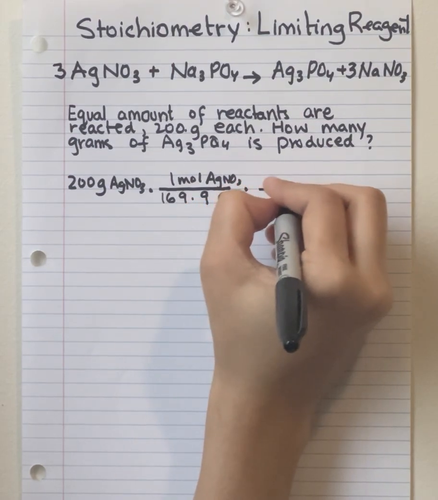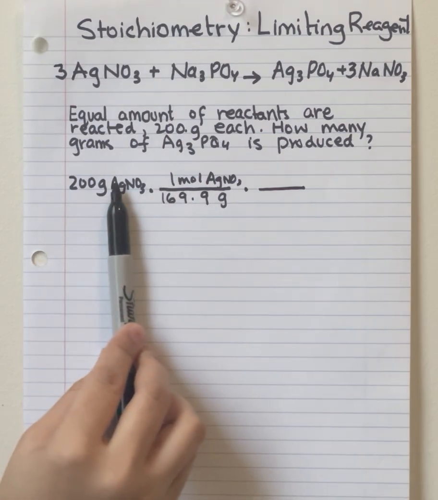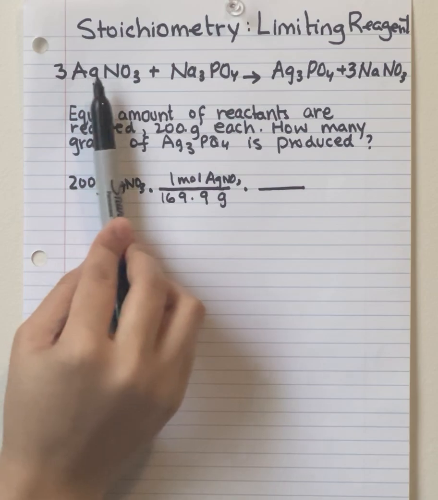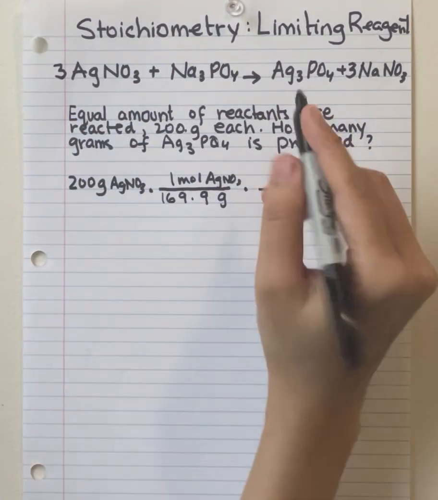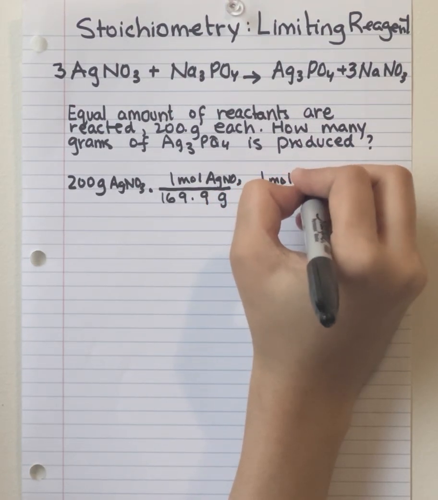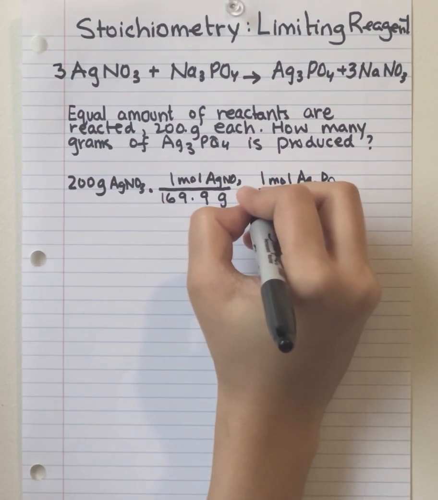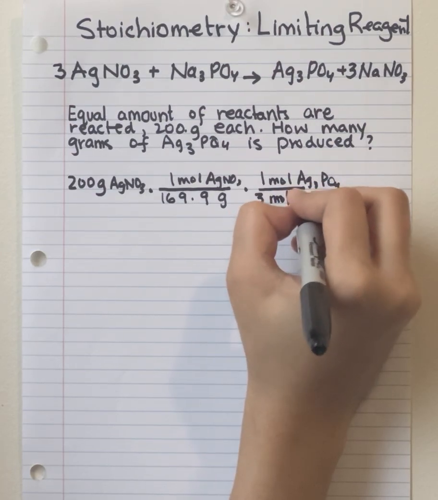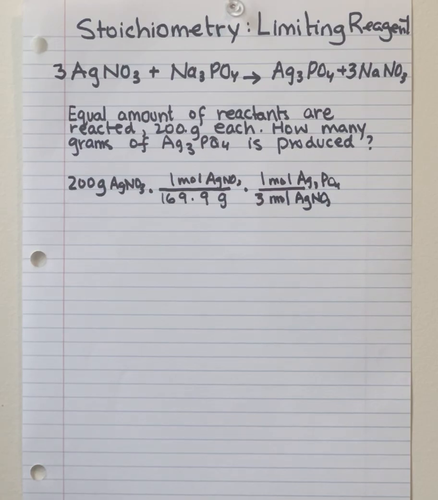And now we're going to make our ratios. We will have to convert our silver nitrate to silver phosphate. For every 3 moles of silver nitrate, we're going to produce 1 mole of silver phosphate. So that's what we're going to write here. 1 mole of silver phosphate will have to react with 3 moles of silver nitrate. There we go.